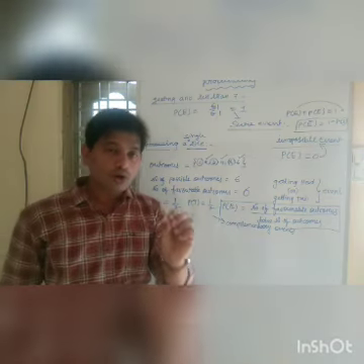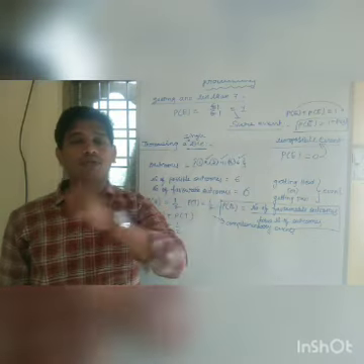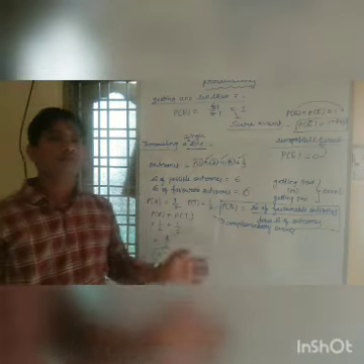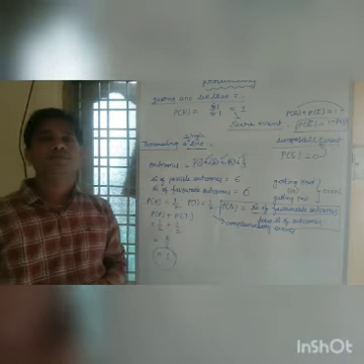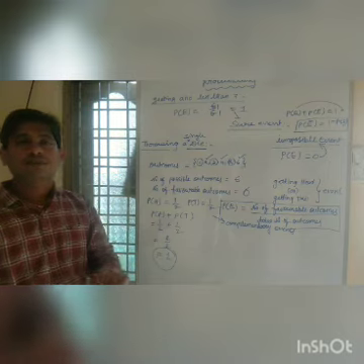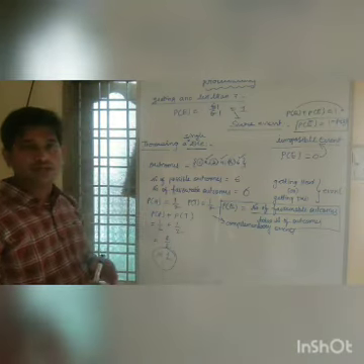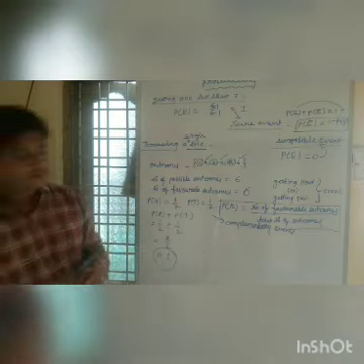So always, the sum of the probabilities of all events must be equal to 1. You take any experiment, the sum of the probabilities of all the events must be equal to 1. So that is the most important point here. Now coming to one more thing.